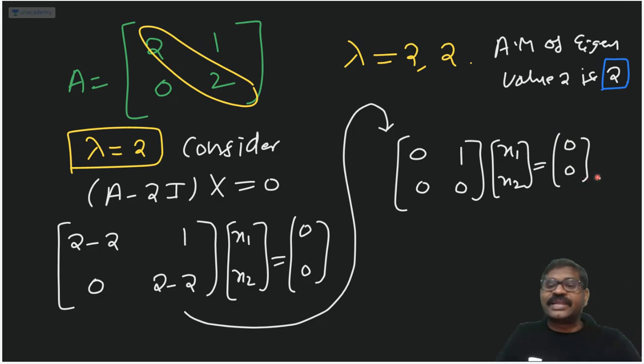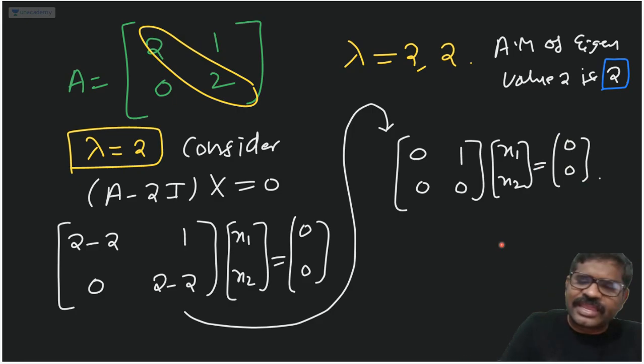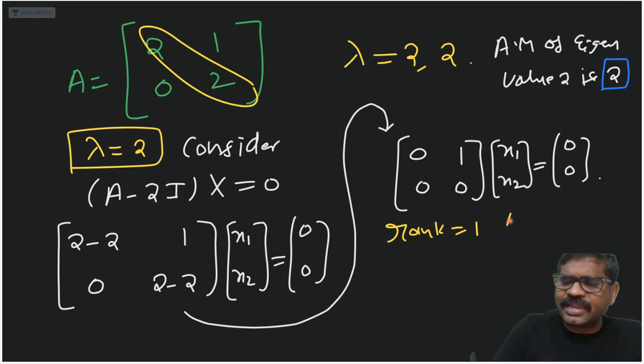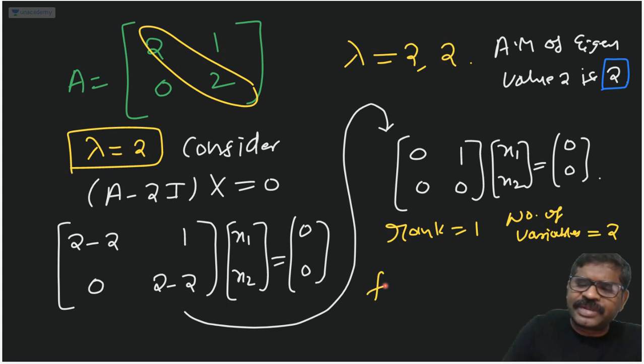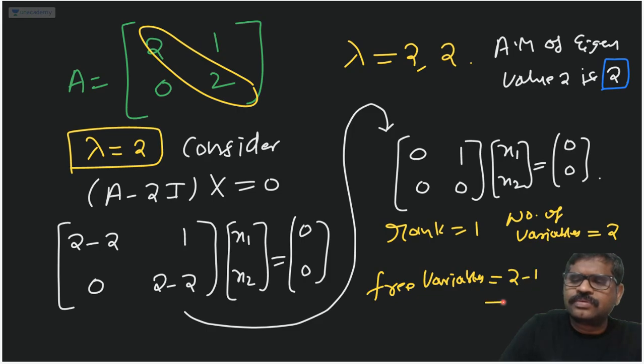What is the rank? Rank is 1. Number of variables is 2, so free variables: 2 minus 1, that is 1.